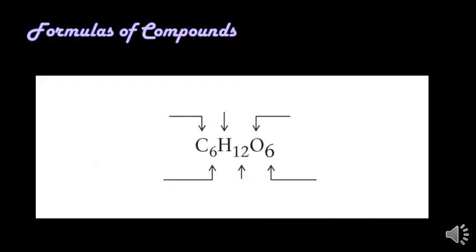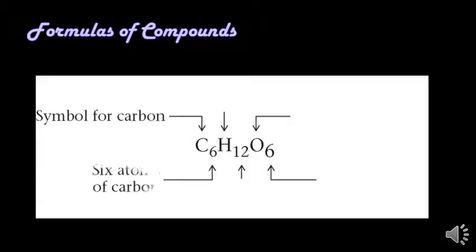So some of our symbols come from the Latin names and some of them don't. One of the things you're going to have to learn how to do, and by the way, if you know what this is, the chemical formula, jot it down, show me, it's worth an extra point. But one of the things you're going to have to learn how to do is identify what the elements are and how many of each one there are. So for instance, we have the symbol for carbon. And that subscript, sub meaning below the line.